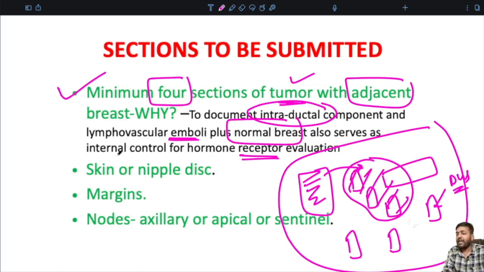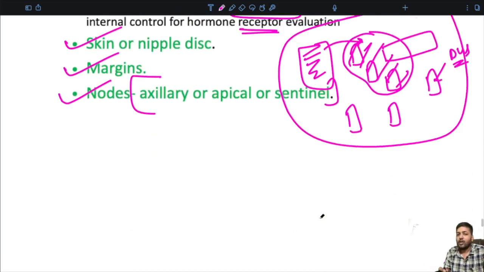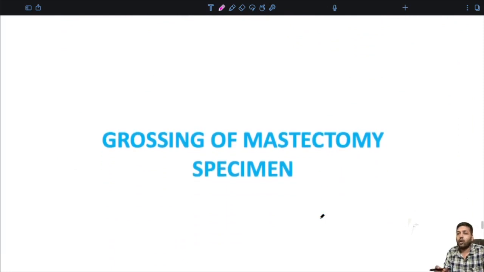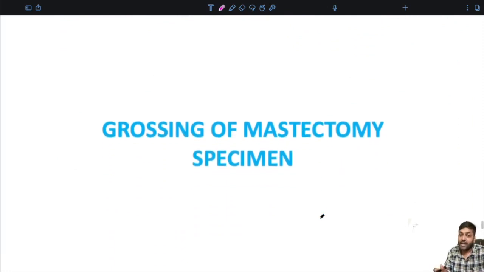If the nipple or any skin is also included, then that should be given. The margins, as I have already discussed, superior and all the different margins, can either be shave margins, and wherever appropriate you have to give the radial margin as well. If nodes are sent, then you have to submit the nodes in the way that we have just discussed. So this is basically about the grossing of the lumpectomy specimen.